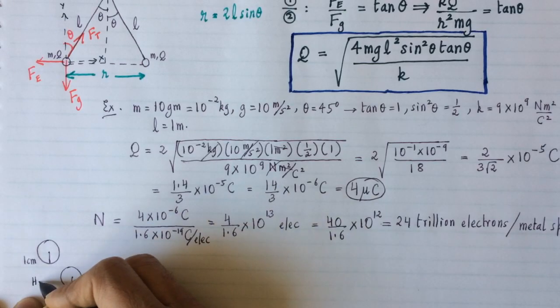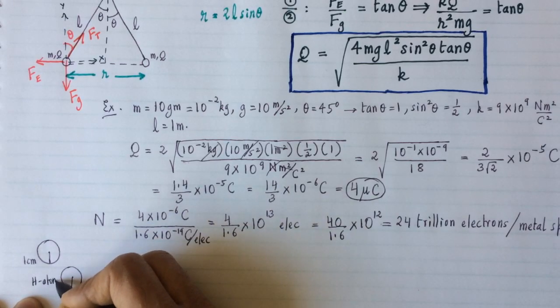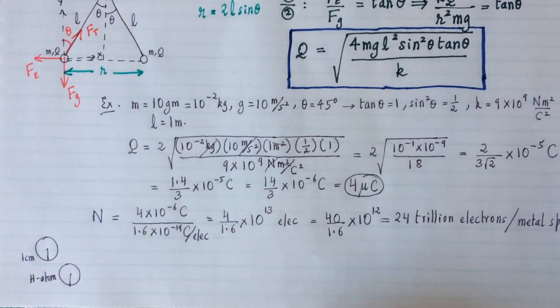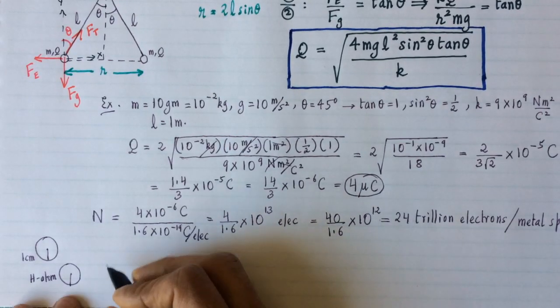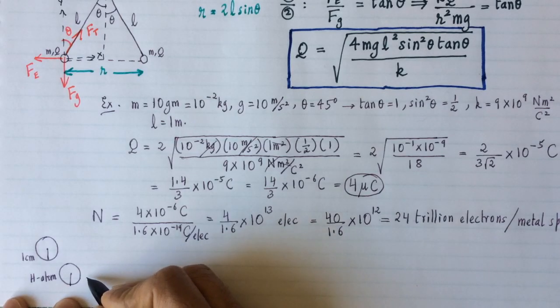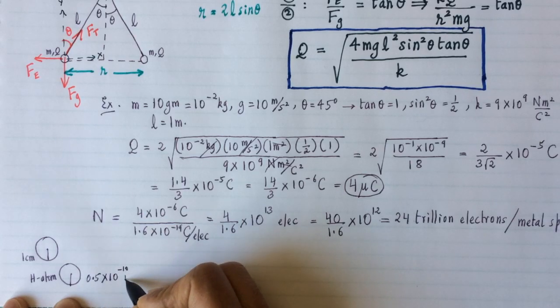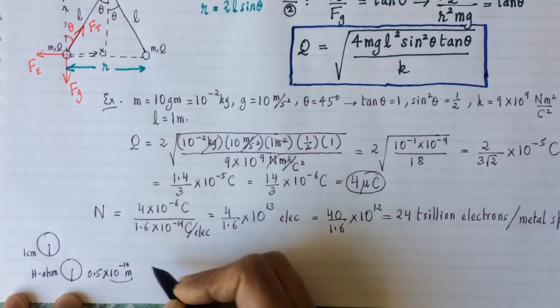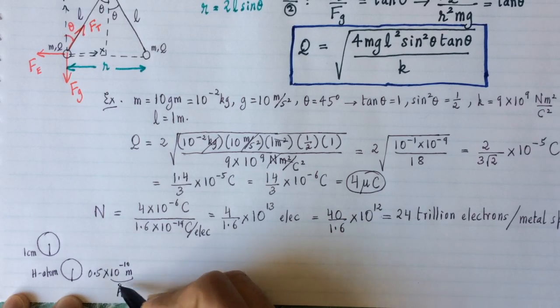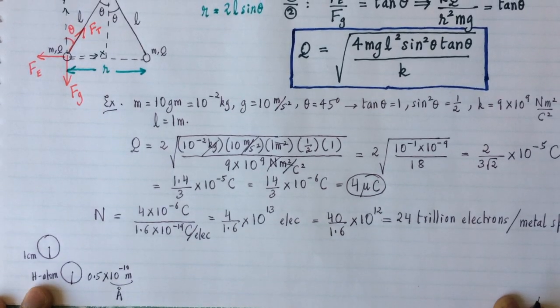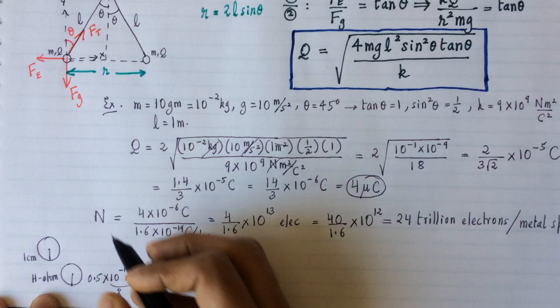So let me take the atoms to be hydrogen atoms, even though I've told you it's metal. The size of a metal atom is only marginally different than that of a hydrogen atom. So the hydrogen atom radius is 0.5 times 10 to the minus 10 meters. 10 to the minus 10 meters is sometimes called an angstrom, written like that, A with a 0 on top of it.